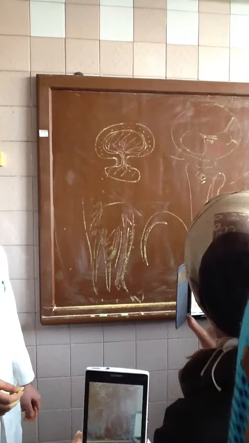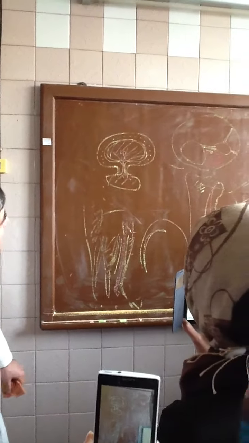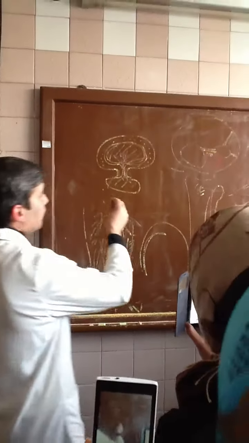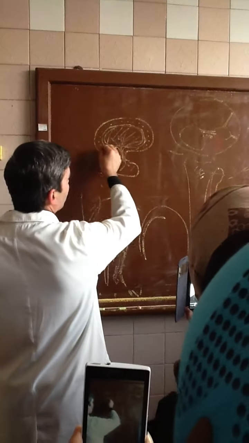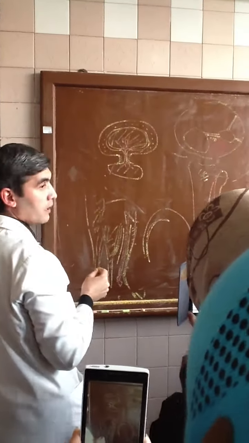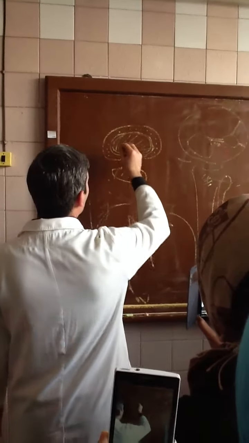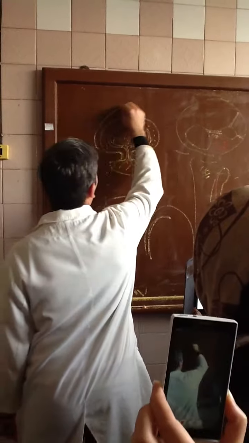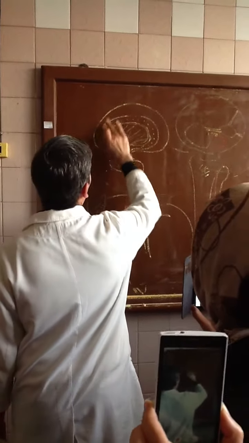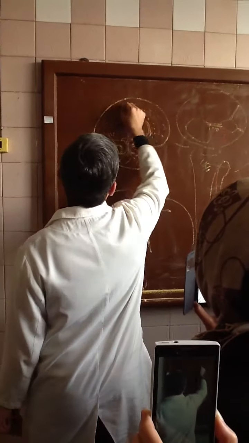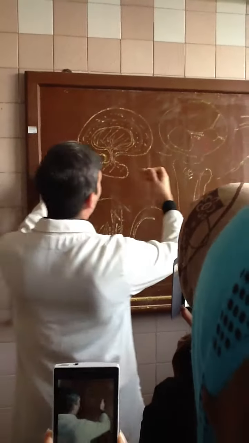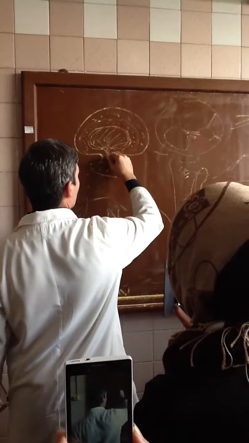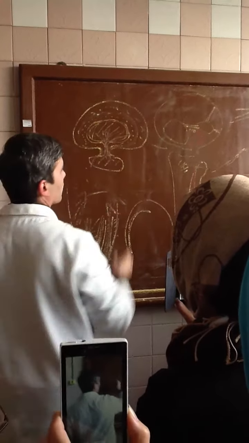Inflammation of tendon causes inflammation of tendinous sheath, right? And pus accumulates in this cavity. What do you think? Will this pus press onto this cavity?